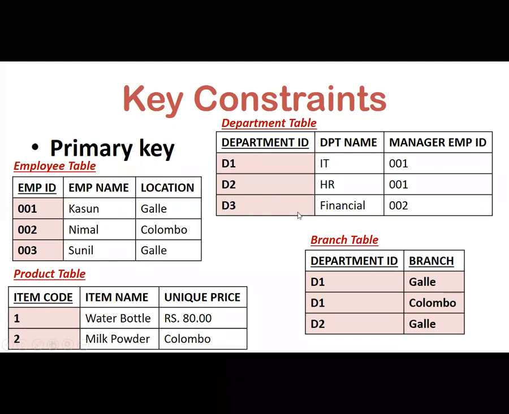Can you see the difference in how they mention the primary key? You can see there are 4 tables now: employee table, department table, product table, and branch table. So how do you know this field of this table is a primary key? How do they indicate it?